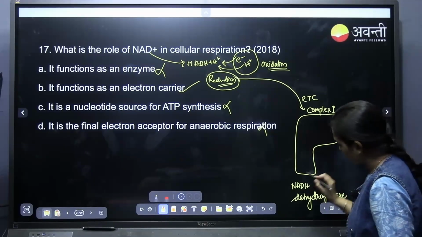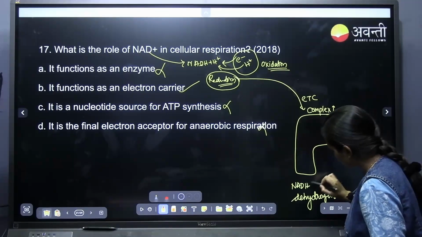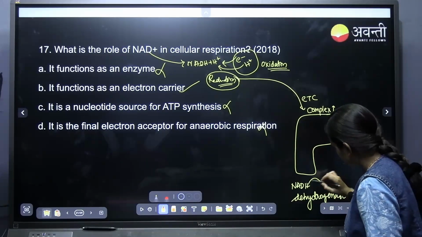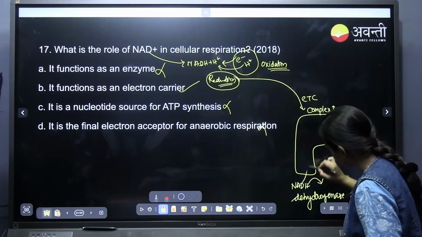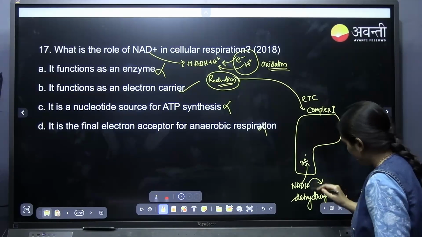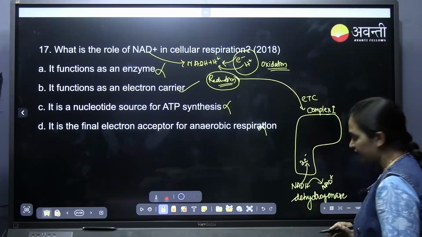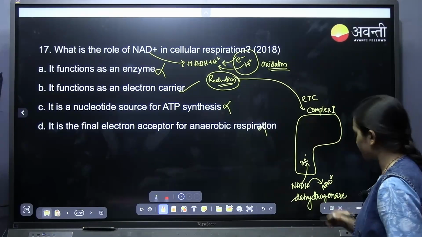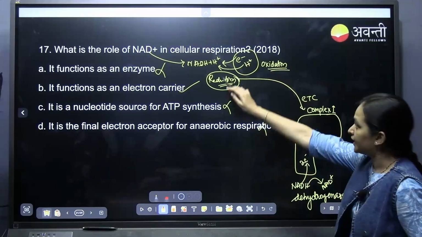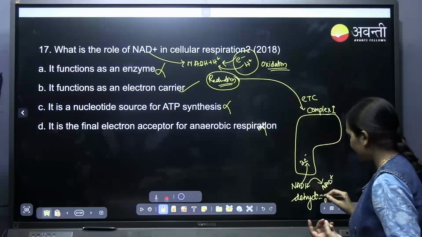This NADH, which now has electrons as well as protons, gives 2 electrons into complex 1 and converts into NAD plus. These are the reducing equivalents; they received electrons and themselves underwent reduction.